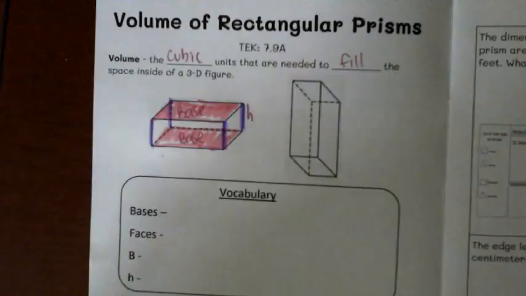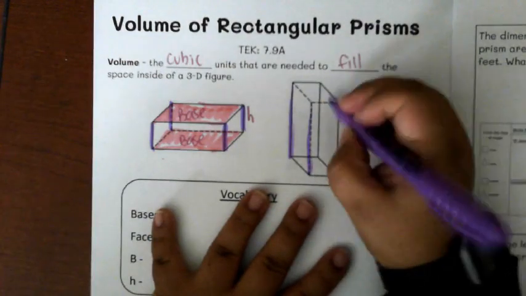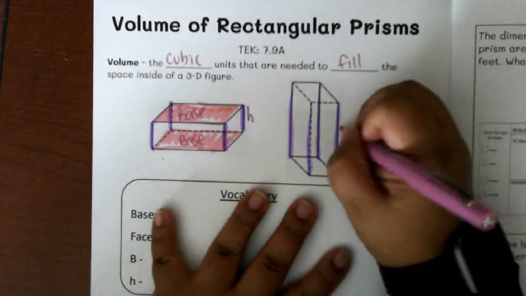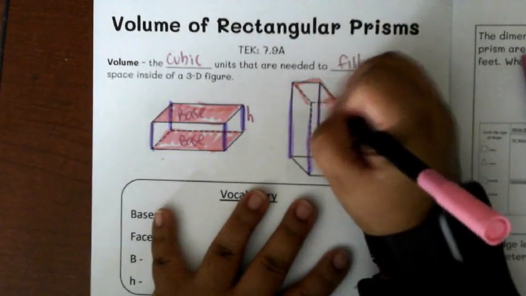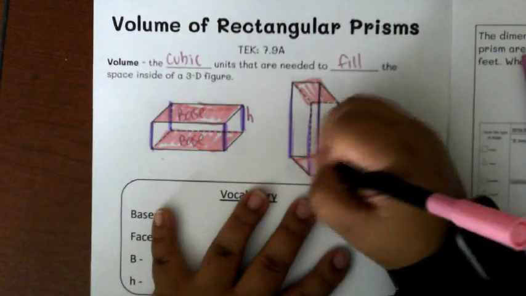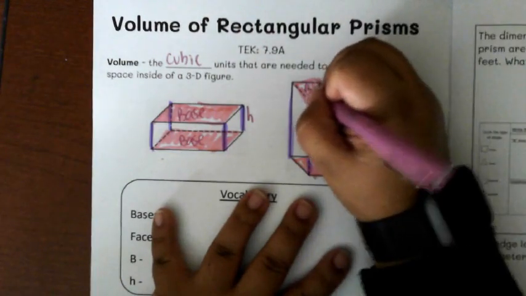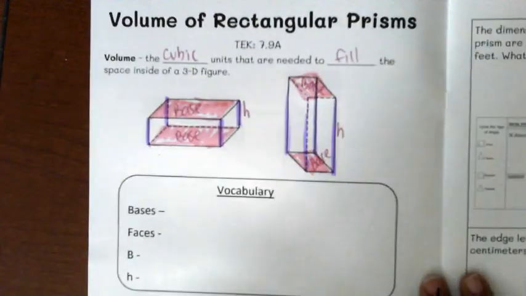Okay, on this one, these are the heights. Okay, and then the base is going to be this rectangle right here and this rectangle right here. Okay, now that we have that, let's move on.